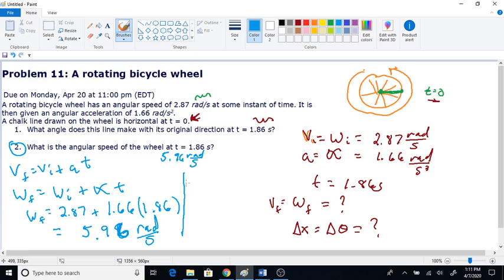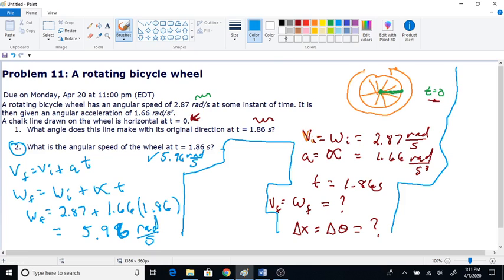Fortunately, I have now limited my space here. So this is part 2. You're going to have to forgive me. I'll do the best I can. I'm going to carve out the best space I can here and see where I can work. So let's solve for theta, or delta x if you wish, so it's V initial t, or W initial t plus 1/2 alpha t squared.